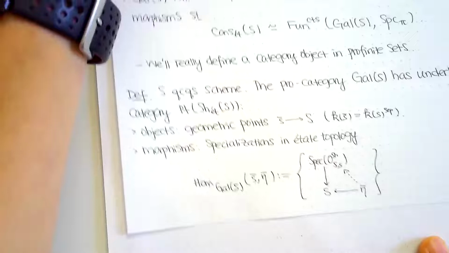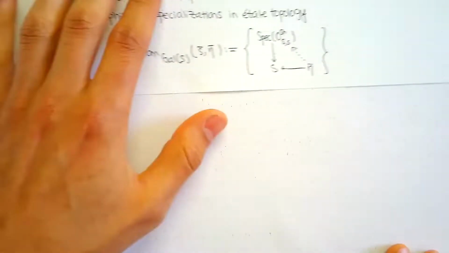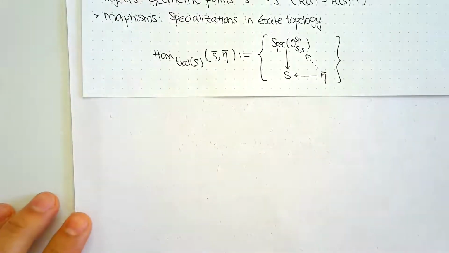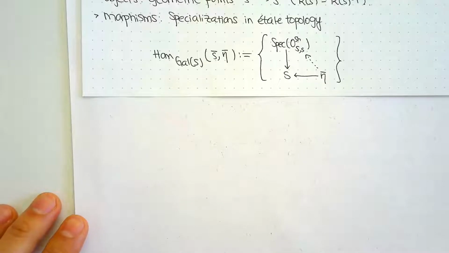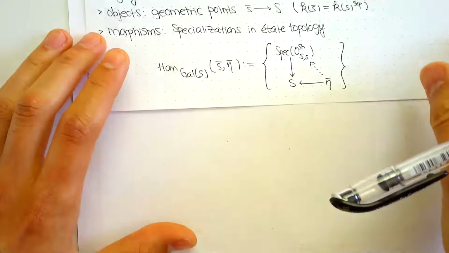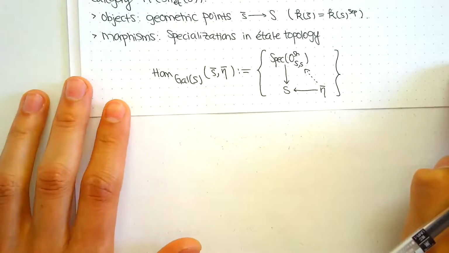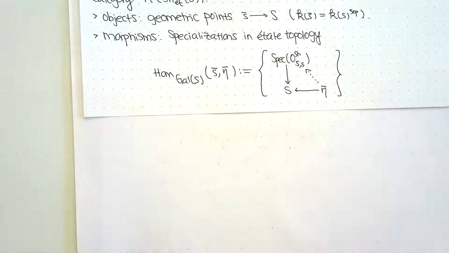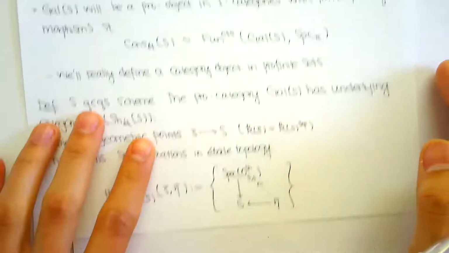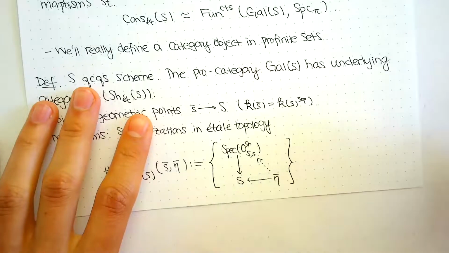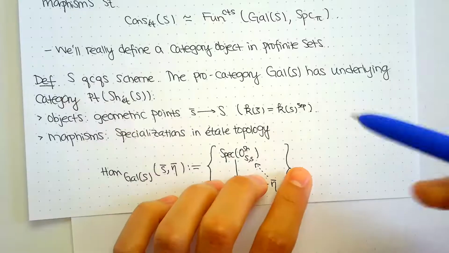Sure, there's a question. Could you please say a couple of words on how you go from a pro category to its underlying category? Yeah, so you take the limit. Does that make sense as an answer? If I'm allowed to think of a pro category as a limit of categories, then yes. So let me write a little aside here.